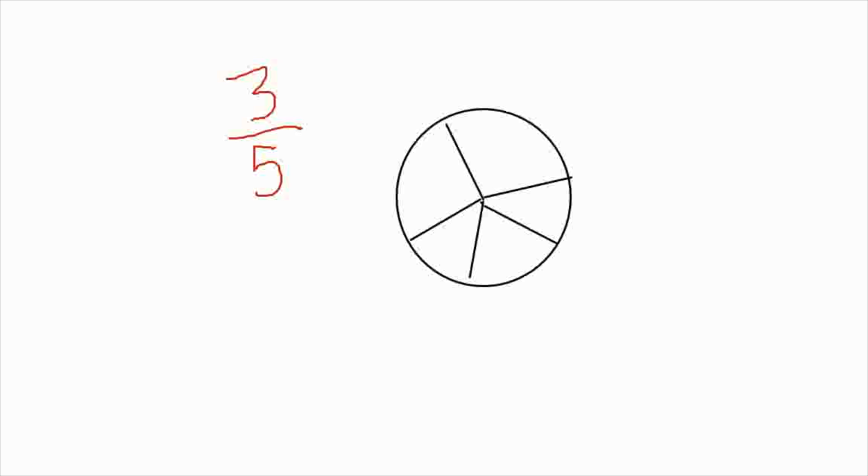You're taking the entire quantity and chopping it up into 5 equal pieces. I'll number them 1, 2, 3, 4, 5. Now the top number tells you how much of those little portions you have. So 3 over 5 means you have 3 of these pieces that are the size you get when you chop it into 5 pieces. I'll shade it green, that's how much of the pizza you have. That's how I want you to think about fractions.